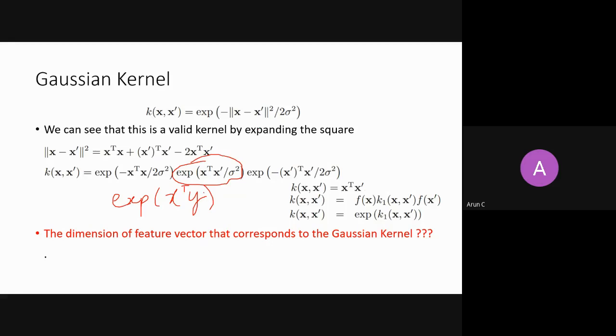It is like this: exponent of x is equal to the summation of x to the k upon k factorial, where k goes from 0 to infinity.